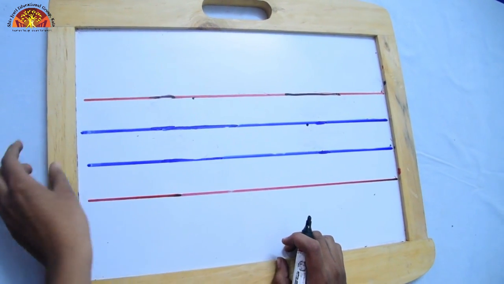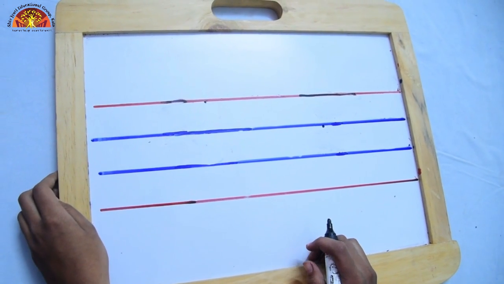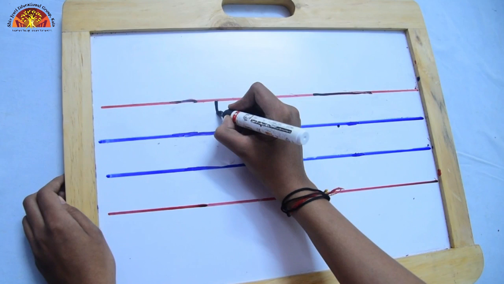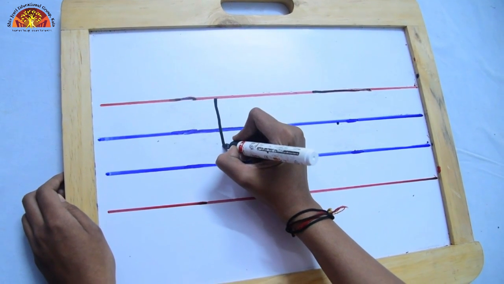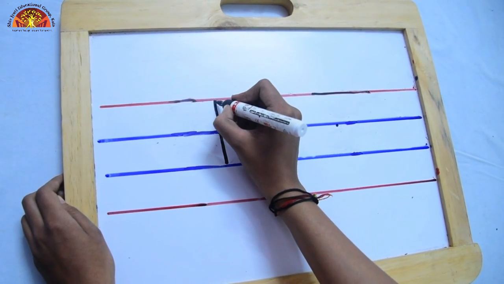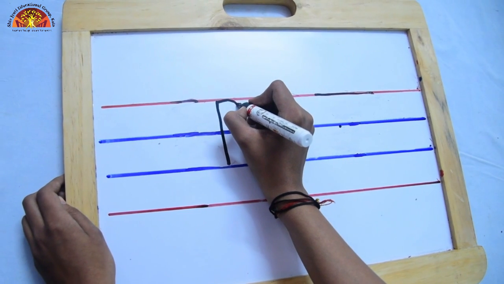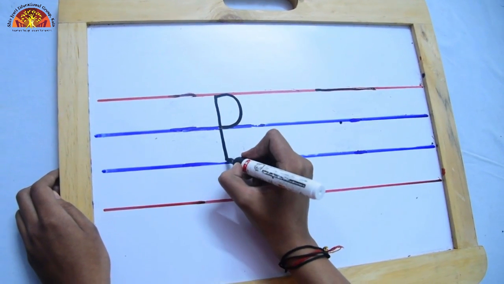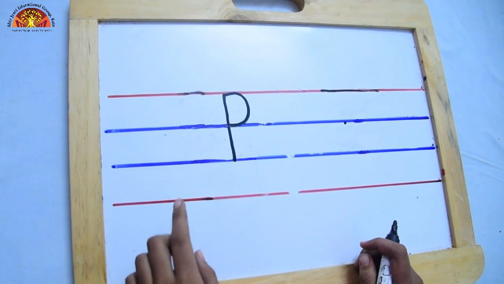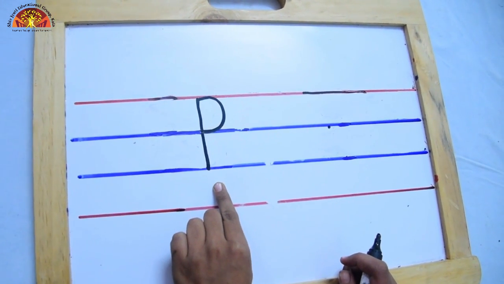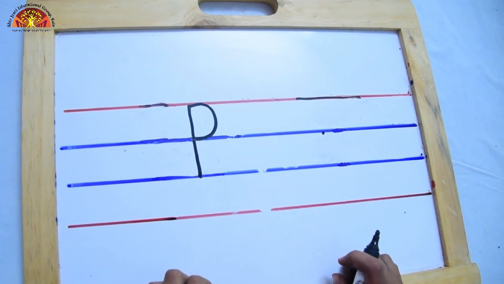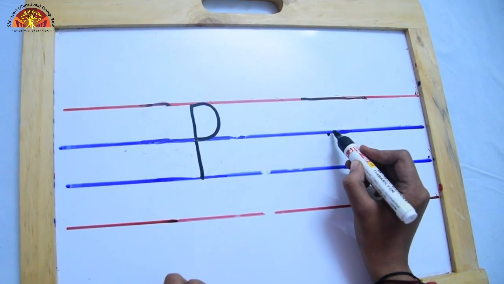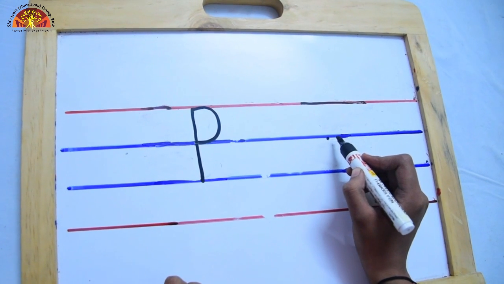So we have to start from this red line. First we have to draw a standing line. Draw one standing line, then curve. Okay, this is capital letter P. Now let's draw small letter P. So now we have to start from this blue line, that means second line.